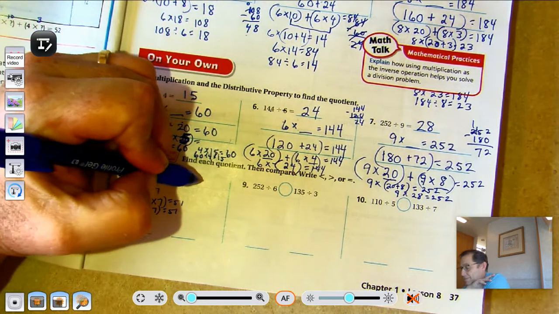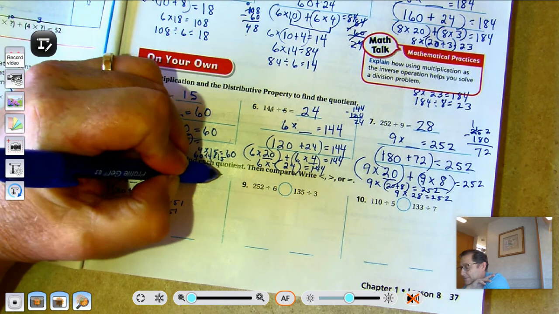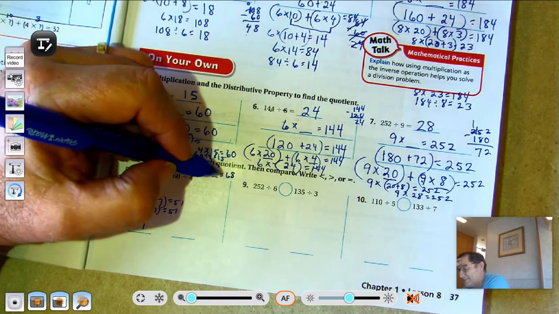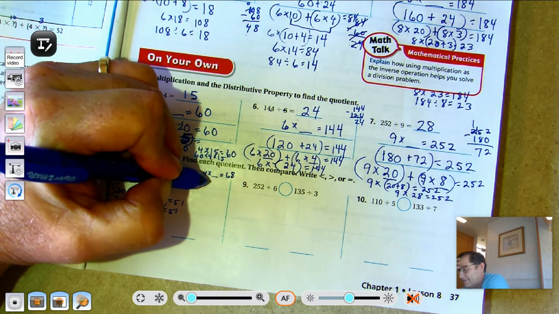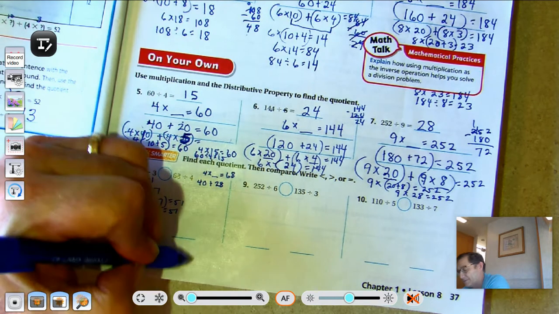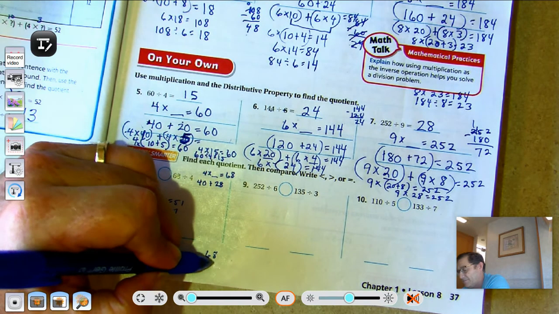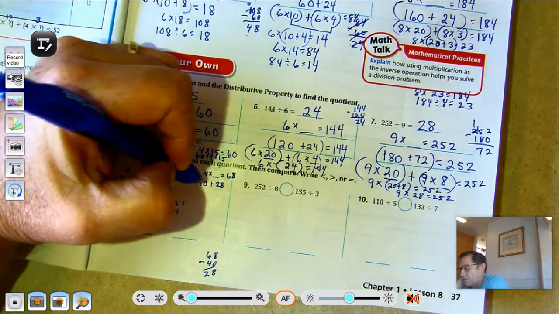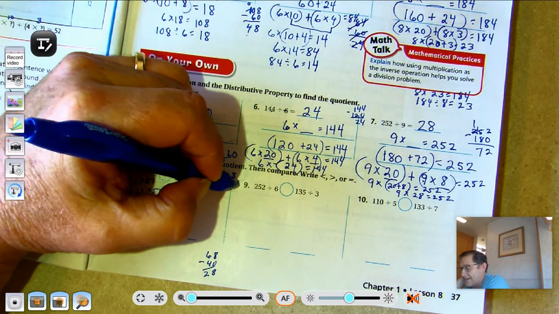And 68 divided by 4. 4 times something is 68. I'm going to break up 68 into 40 plus 28. 68 minus 40 is 28. All right. So 40 plus 28 is 68.